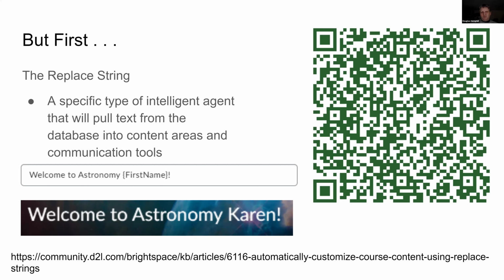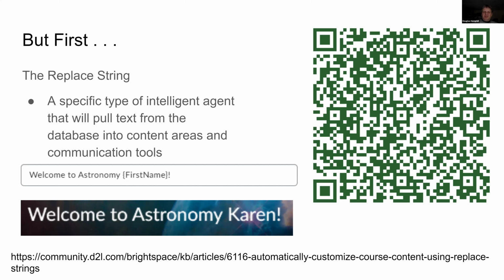Below you can see one of the most common examples of this, which is simply to personalize things to a student's first name. So for example, rather than just having a welcome message that says, "Hey, welcome to astronomy," you can change that to "Welcome to astronomy, Karen.